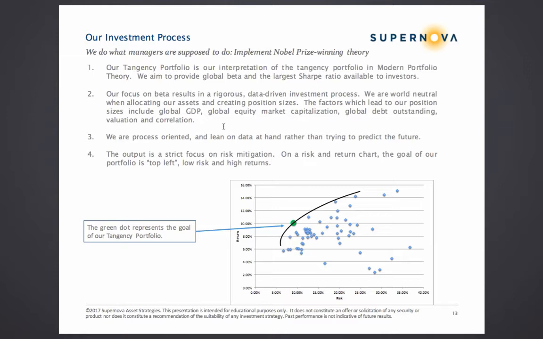The output is a strict focus on risk mitigation. On a risk and return chart, the goal of our portfolio is top left, low risk and high returns. This chart shows about 60 different asset classes, from Brazilian stocks to Japanese bonds to copper to Finland stocks. What we're trying to do is be globally diversified and get towards the top left.